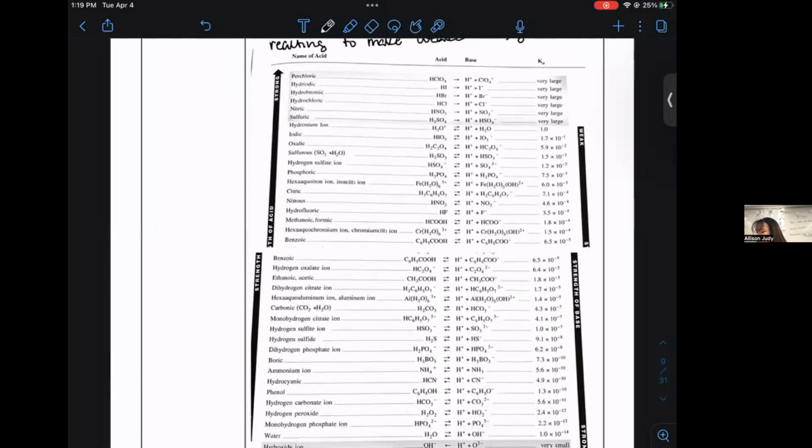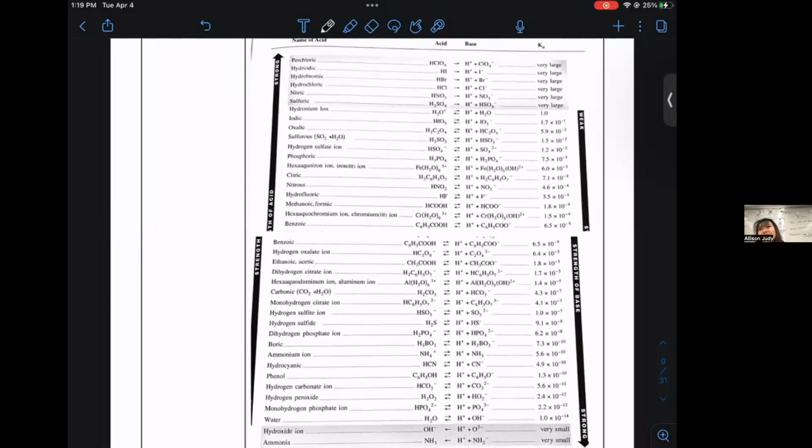This is again the table. I would honestly just let the problems teach you. Pay attention to what molecules they choose for what problems, and that's a really good indicator of what's a strong or weak acid or base. I wouldn't waste your time doing a bunch of flashcards on this.